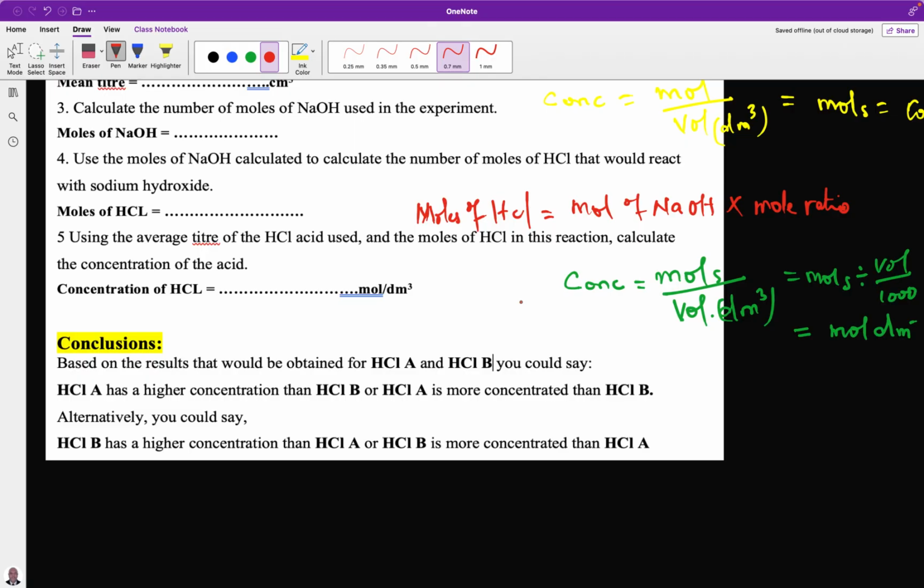Alternatively, you could say HClB has a higher concentration than HClA, or HClB is more concentrated than HClA. That is how you can plan a simple experiment to determine the concentration of two different acid solutions that you have been given in the lab.